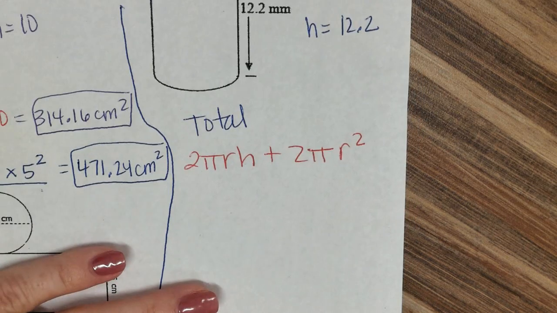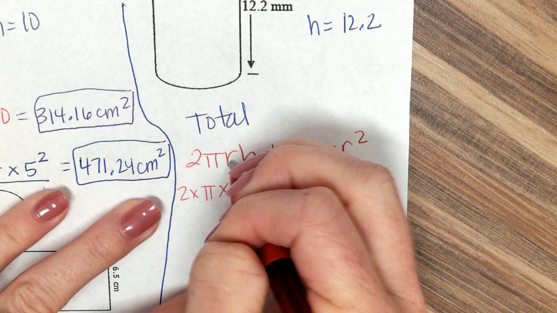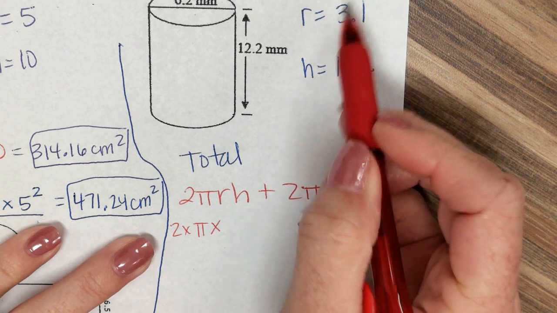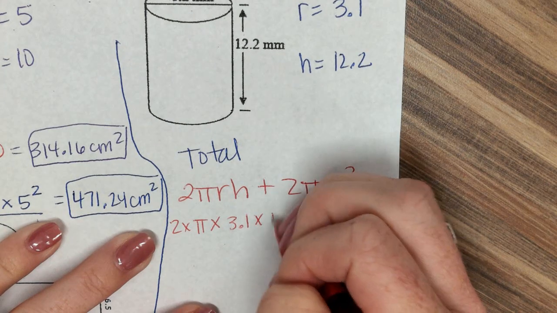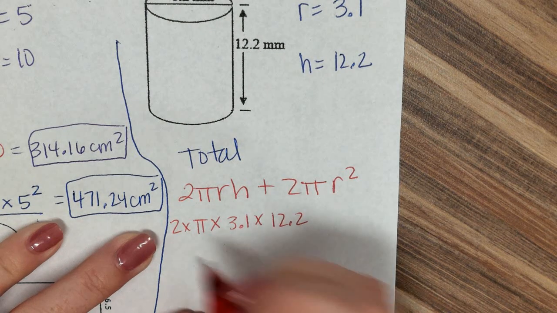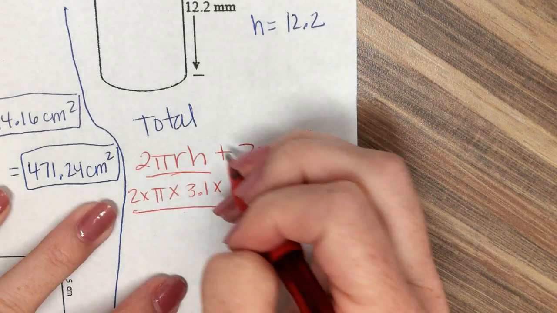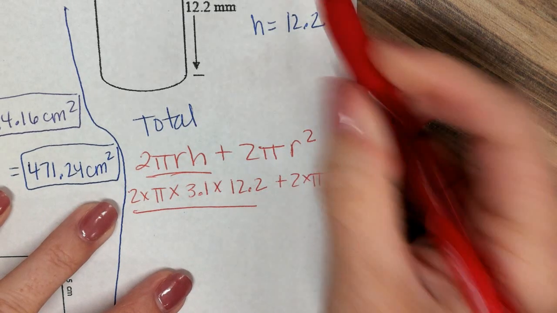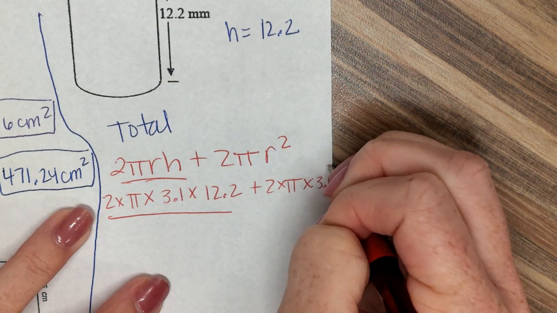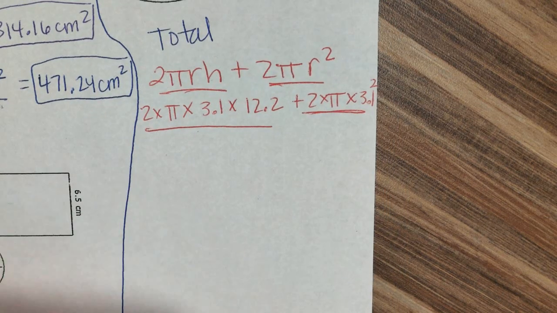So I am going to do 2 times pi times R. What's my R? 3.1 times H, which is 12.2. That's this part right here. Now I'm going to do plus, that's this part, 2 times pi times my R, which is 3.1, squared. That's this part right here. And I can put it in my calculator all at once.